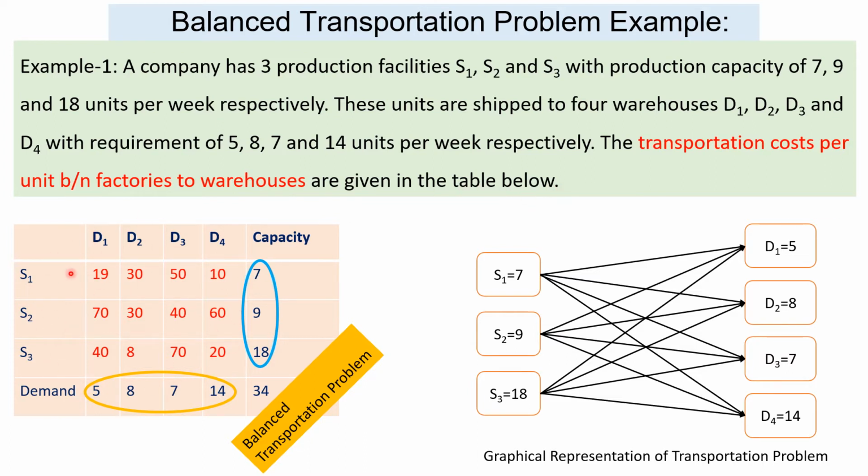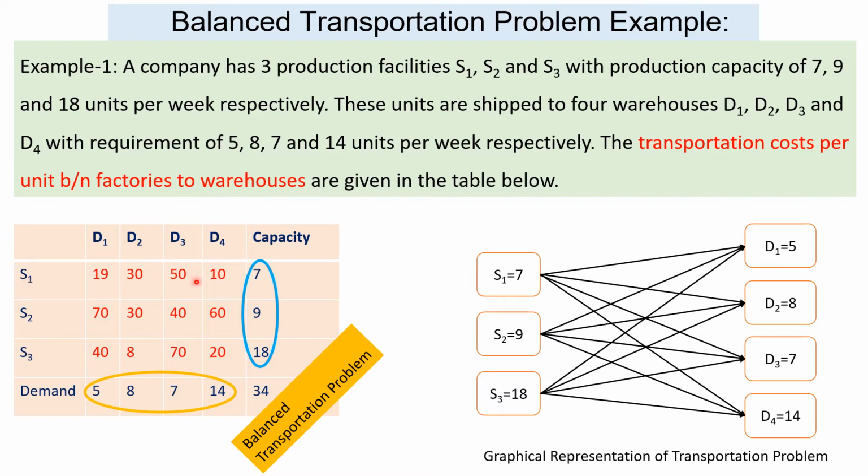As you see here, this table describes the per unit cost to transport from each production facility to each of the warehouses. To transport an item from S1 to D1 it takes 19 birr, or we can say $19. From S1 to D2, a single item costs $30.